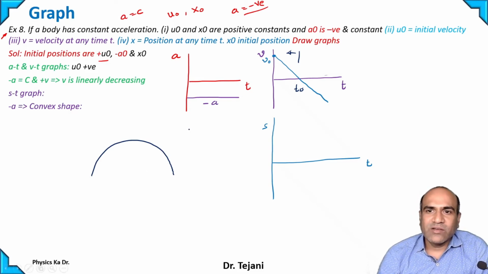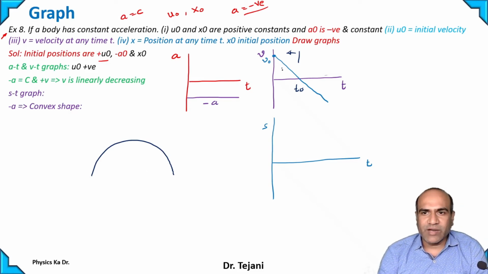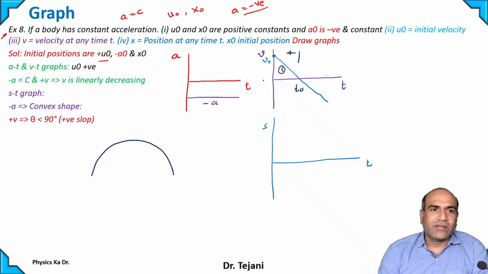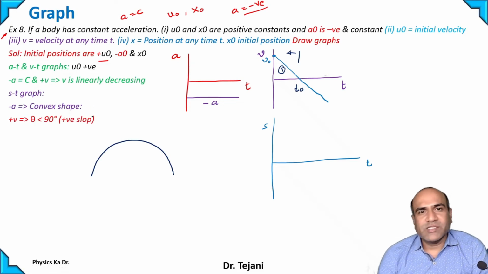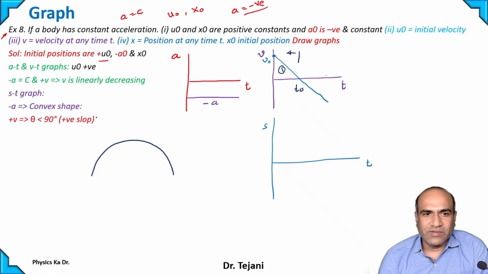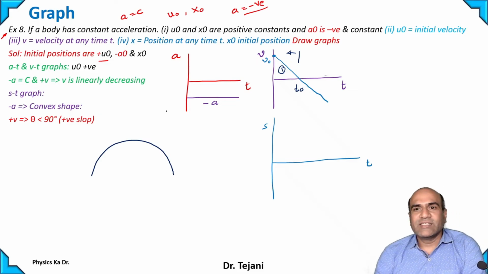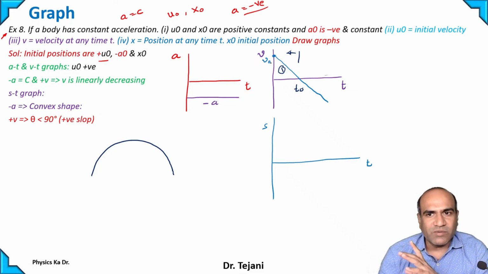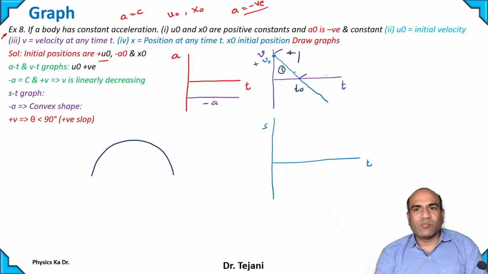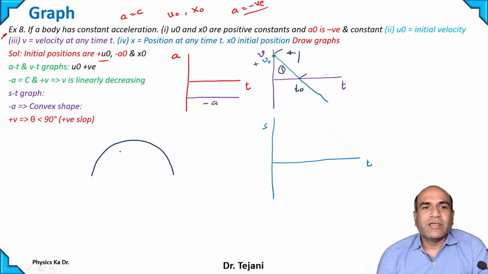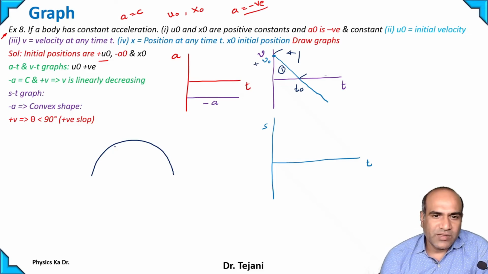The next is the initial velocity for segment number one. It is positive, because velocity is positive for this region. Therefore, here it is a positive slope.